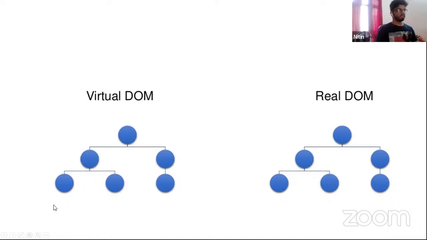So what React does is, whenever you visit a website, it first makes a virtual DOM, and whatever page you visited, it will only make those components go inside the real DOM that are needed at that time.